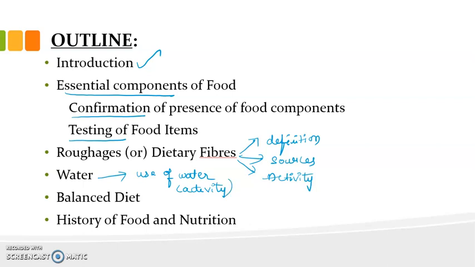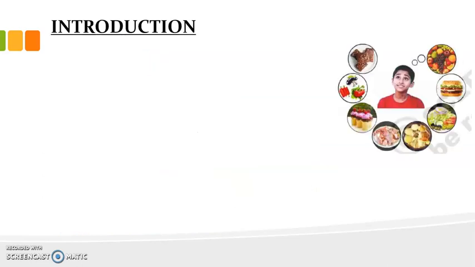After that we will discuss the balanced diet. So how to make a balanced diet for our body? Which items we have to eat more, which items we have to eat less? We will study that point in this topic. And next, at last, history of food and nutrition.